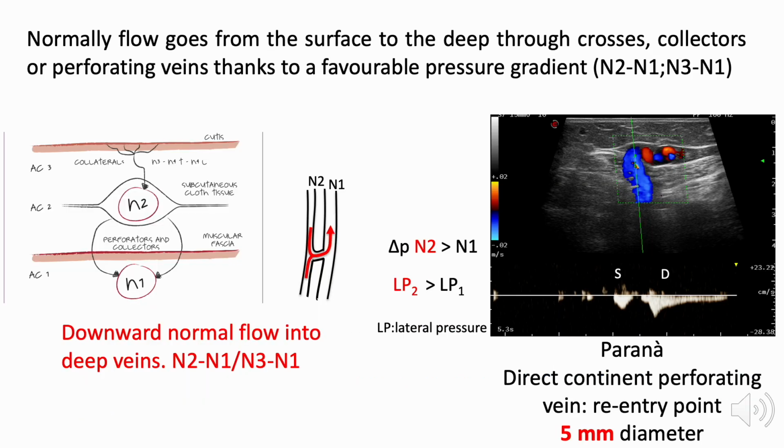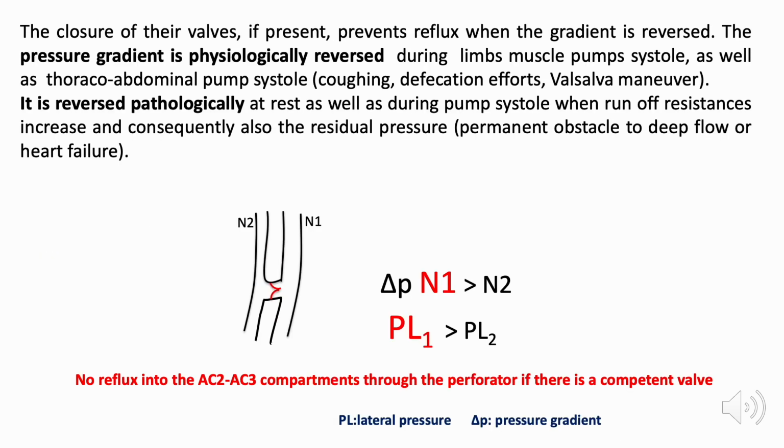Perforating veins are veins that physiologically drain the superficial venous flow into the deep when the pressure gradient is favorable, so when physiologically the deep venous pressure is lower than the superficial. In addition, the closure of their valves prevents reflux when the gradient is reversed.